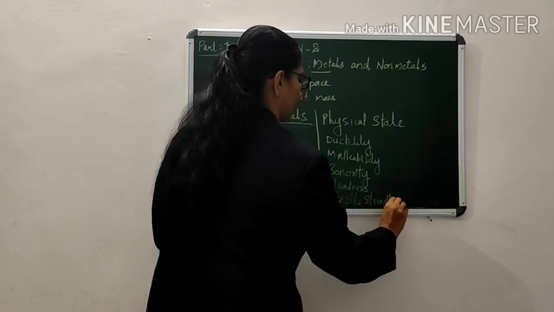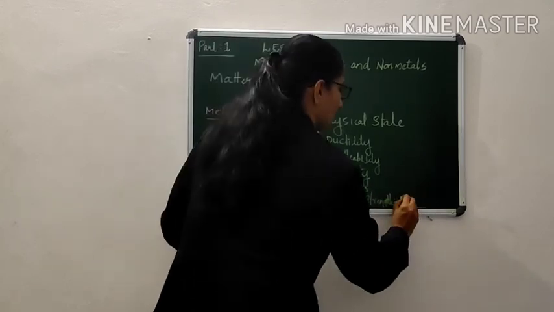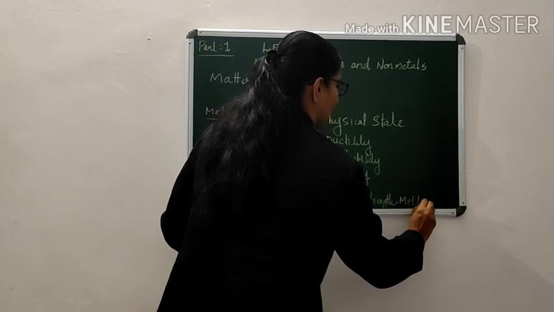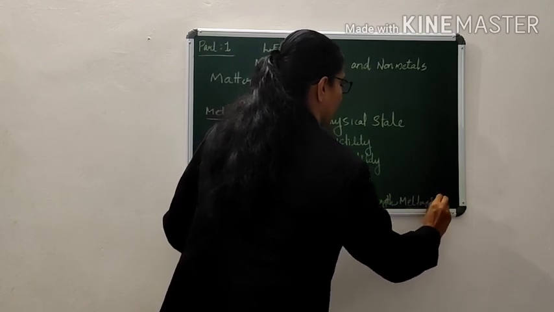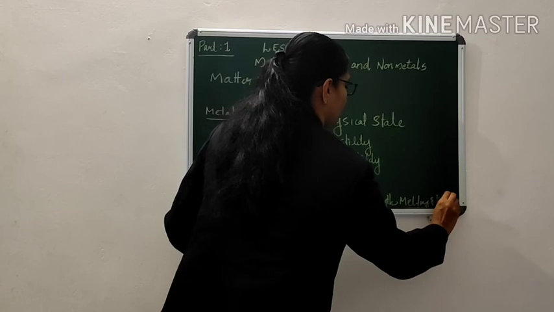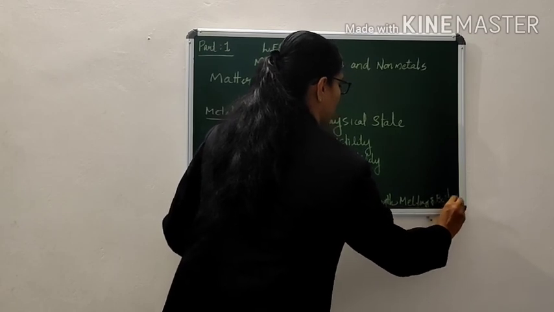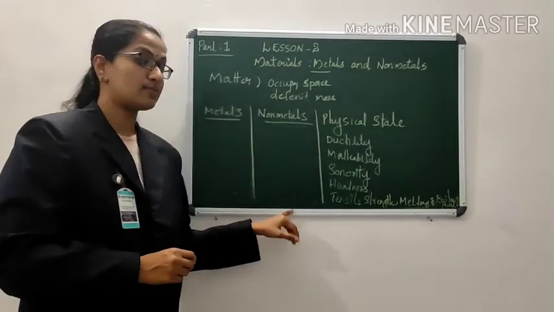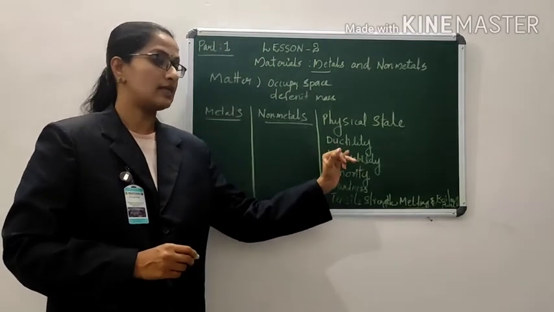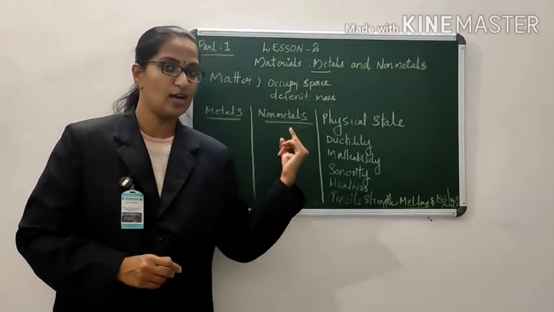And the last factor is melting and boiling point. Okay, this many properties we are going to discuss in the case of metals and non-metals.